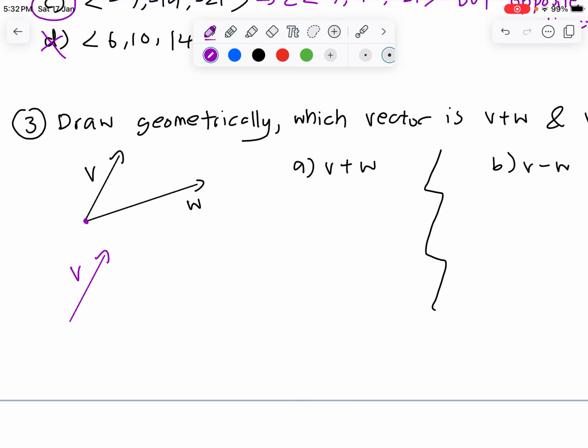So v remains the same, and when I add w, instead of going like this, I want to basically shift it. See, it's parallel, but it starts at a different point. So w started here, now we want w to start at the tip of v, but also parallel.